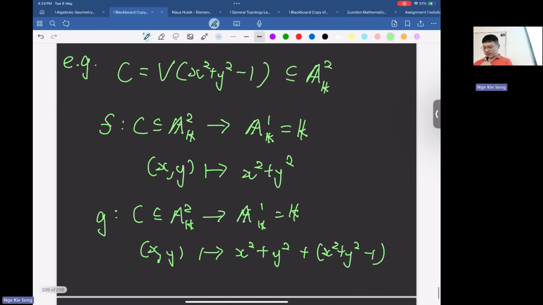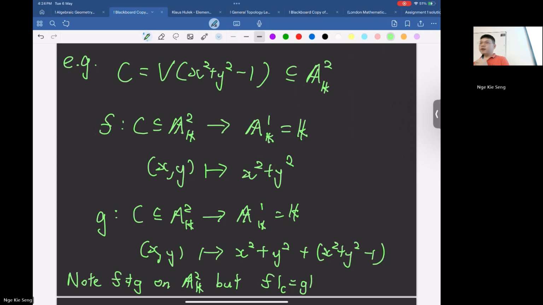Okay, so let me write here. F is not equal to G on the affine space, but F equals G on C. Why? Because on C, what happened to this last part here?